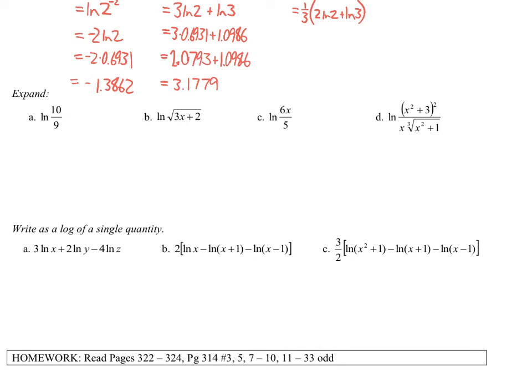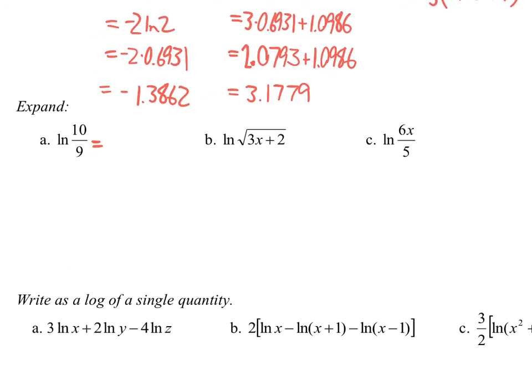All right? So, for example, how could I rewrite ln of 10/9? Ln of 10 minus ln of 9. Okay? What could I do with the next one? 1/2 times the ln of 3x plus 2. Can I do any more?